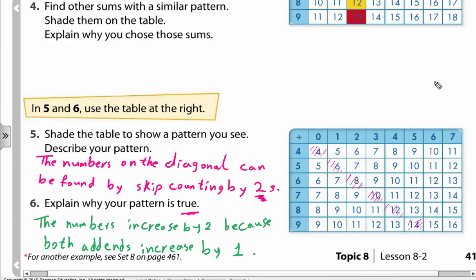Okay, I will give you another one. What about this one? 6, 8, 10, 12, 14, 16. This is also diagonal. Can you find any other diagonals? Teacher, yes.